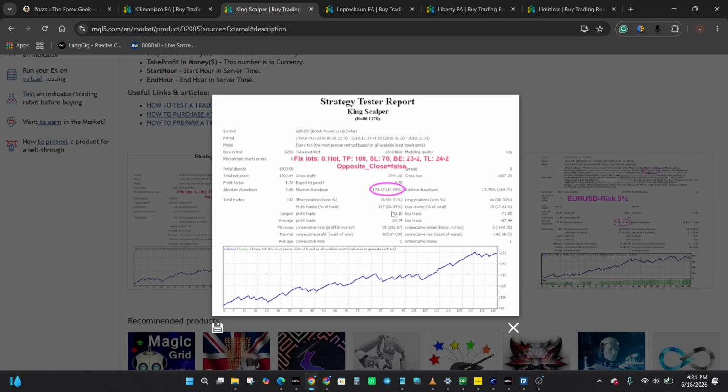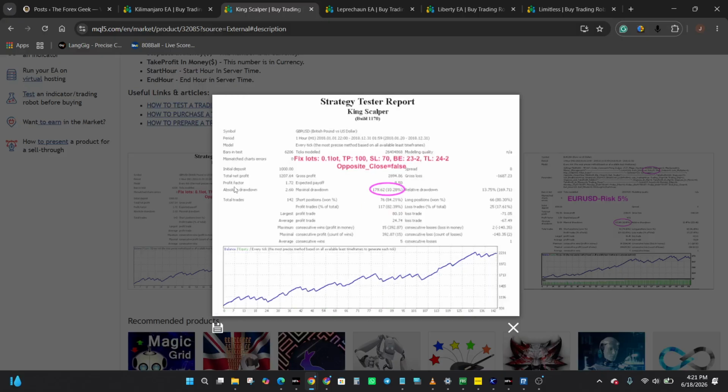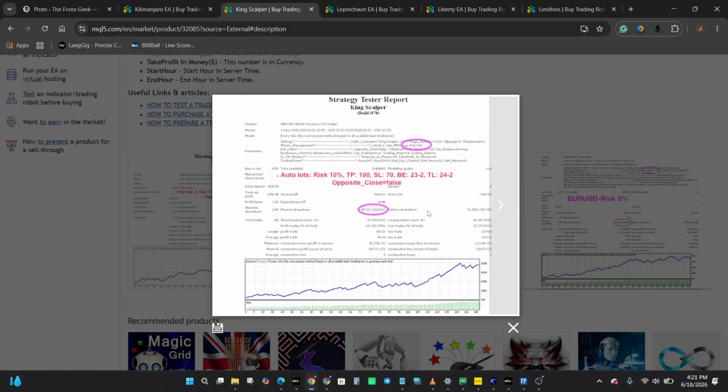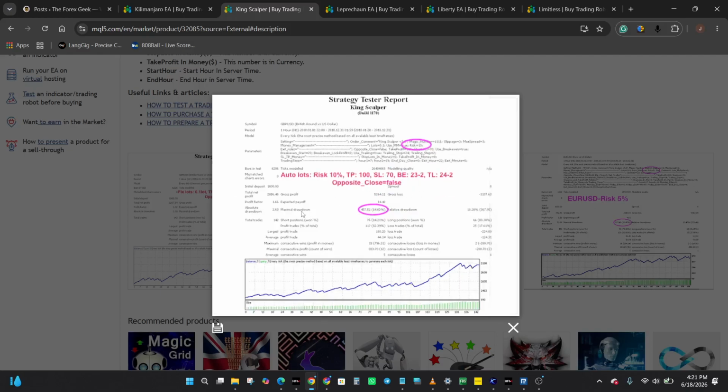So that means the win rate is 82.39%. This was for GBP USD 1 hour. These are the settings here, and then these are the settings for this one. And then here we have total net profit over $2,000, and the win rate was 82.39%.